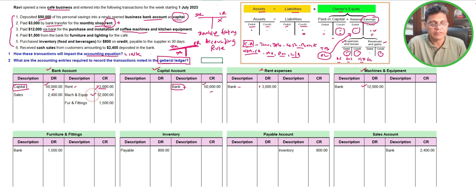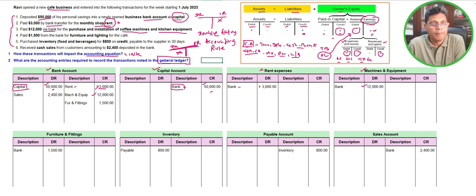So the bank account is an asset account, a current asset, so any decrease in asset should be credited. So basically these are two asset accounts. One asset is increasing, the other asset is decreasing. So that's why it's credit here and debit here.